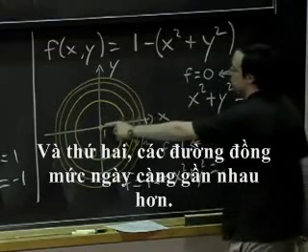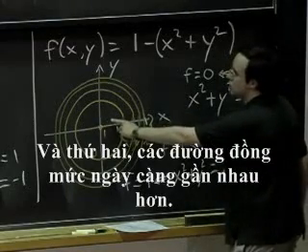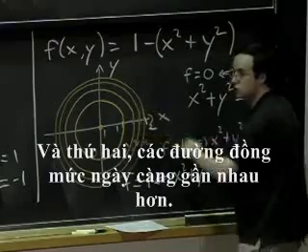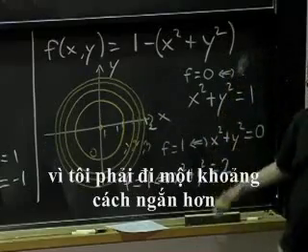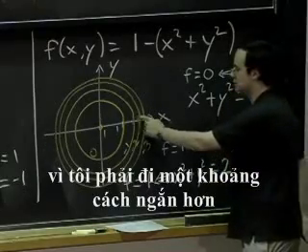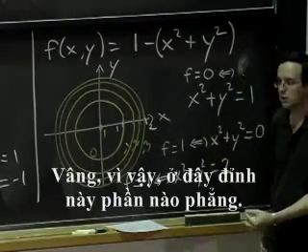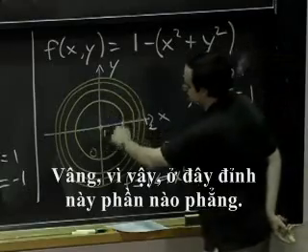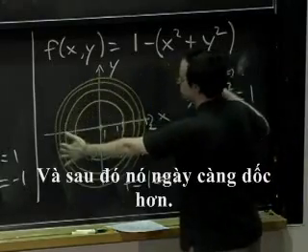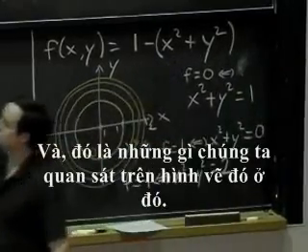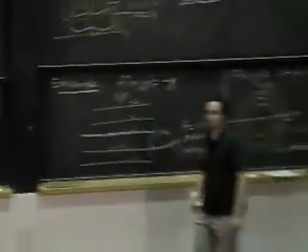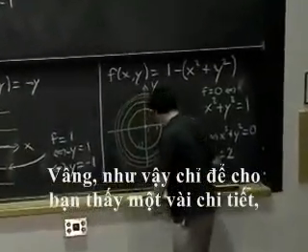And second, the level curves are getting closer and closer to each other. That means it's getting steeper and steeper, because I have to travel a shorter distance if I want my altitude to change by 1. So this top here is kind of flat, and then it gets steeper and steeper. And that's what we observe on that picture there.